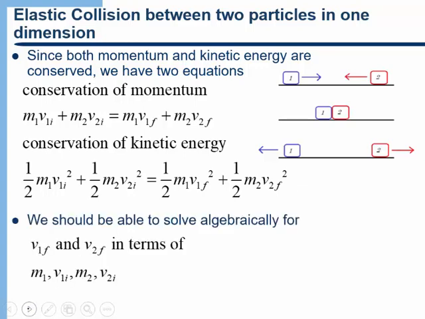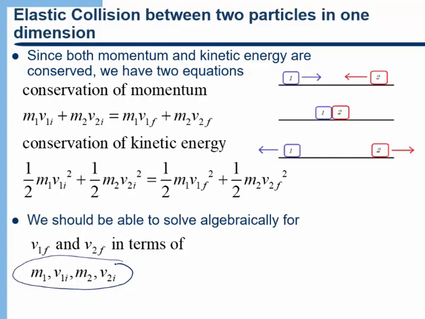And what that means is if we know the masses of the two objects and we know the two initial velocities, we should be able to solve for both v1 final and v2 final, just in terms of those four initial quantities, because two equations can solve for two unknowns.